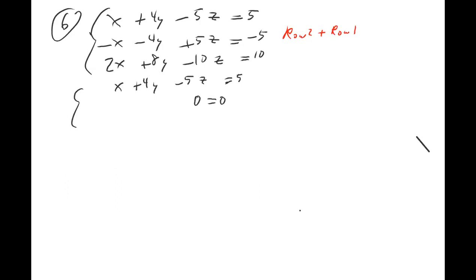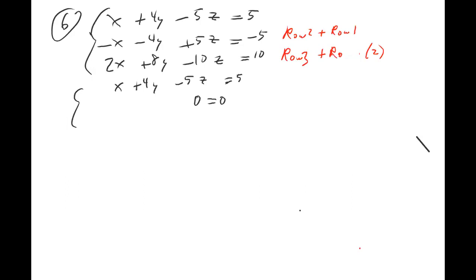All right, now let's do something with the bottom equation. So in the bottom equation, if I take row 3, and that's the bottom one, and I add on row 1 times 2, no, not row 1 times 2, I'm sorry.